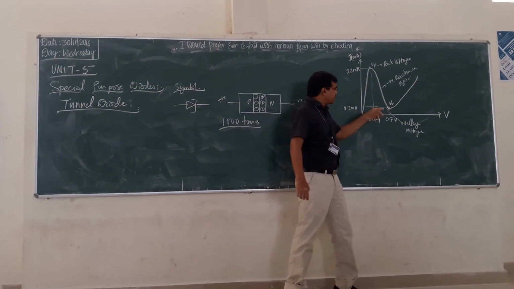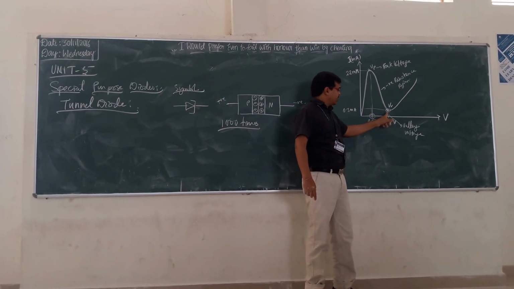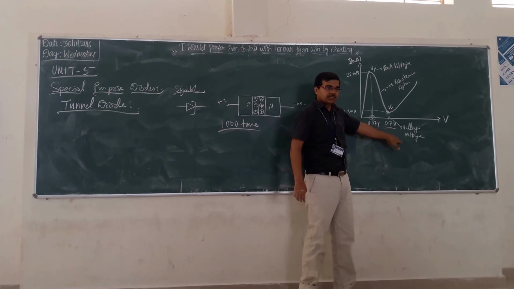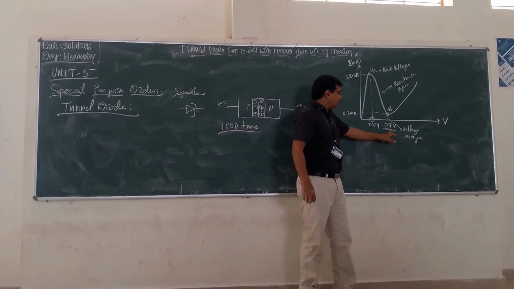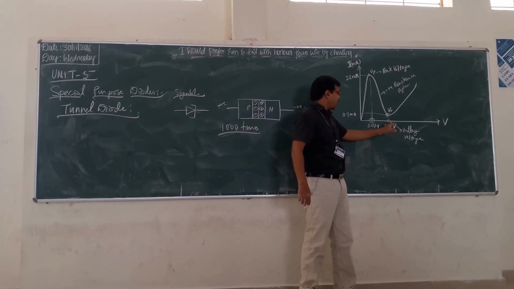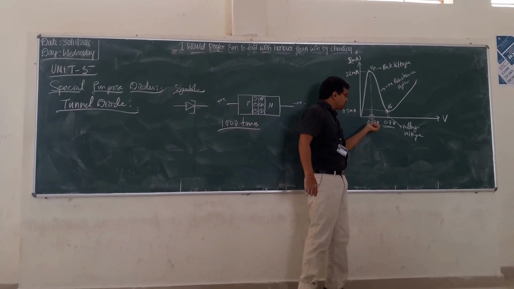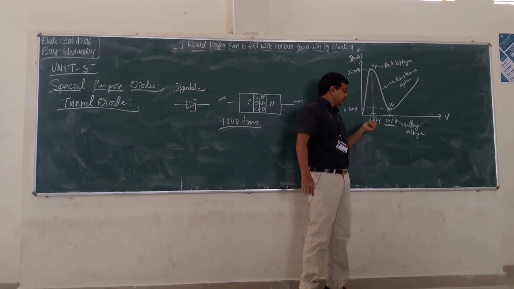Now, what is this valley voltage? This valley voltage is 0.7 volts, and your peak voltage is 0.07 volts.